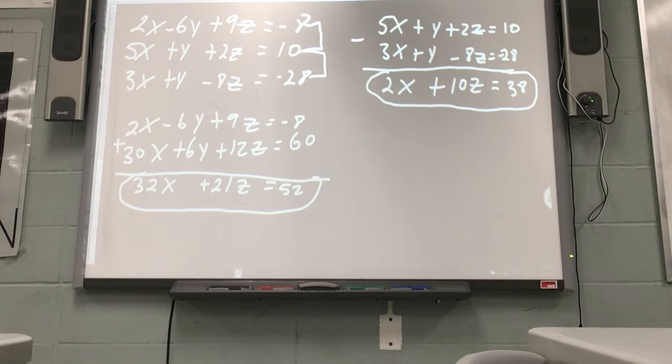About 10 one of them and 21 one of them, right? So let's do the x's, and to get a 32, we would need to multiply this one by 16, right? So 16 times 2x is 32x. 16 times 10z is 160z.